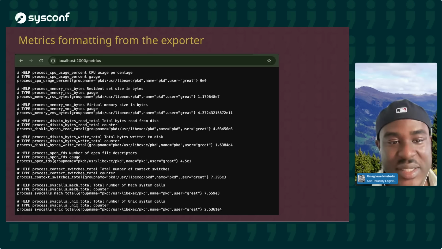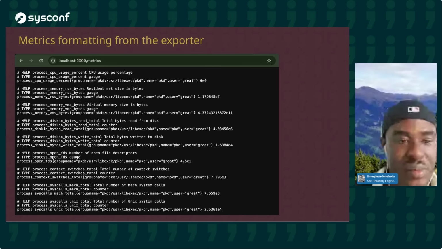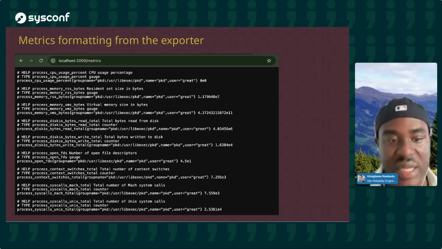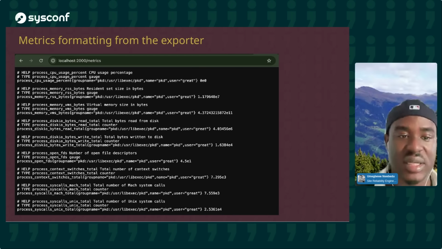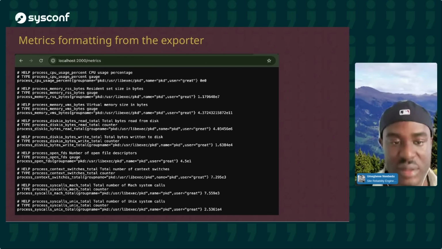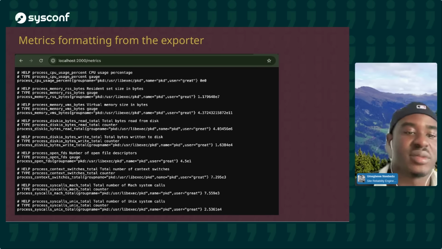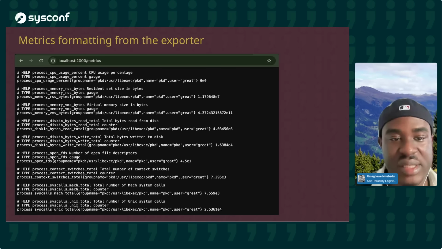Then, what you see within it are basically labels, right? So we have the group name, and how we make this group name is the process name and the process path. And if it has a command line, then we add that into the group name. And then we also add an additional label just for the process name itself.